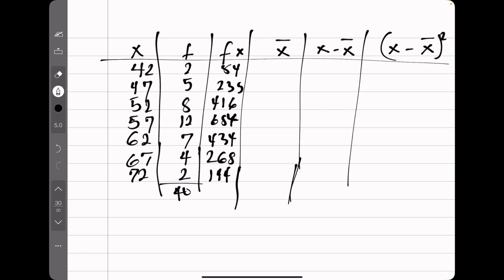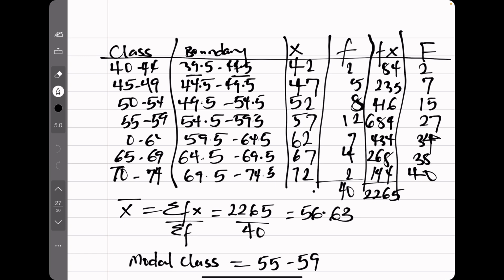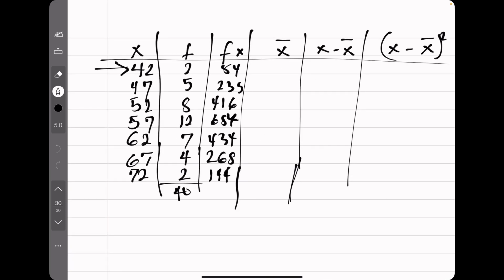So our x minus x bar for this first one, our x bar is the value of our mean. Let's check what we got as the value of our mean. We got our mean as 56.63. So for this first one, x is 42, and our mean is 56.63. We are going to use it throughout, the same thing throughout.